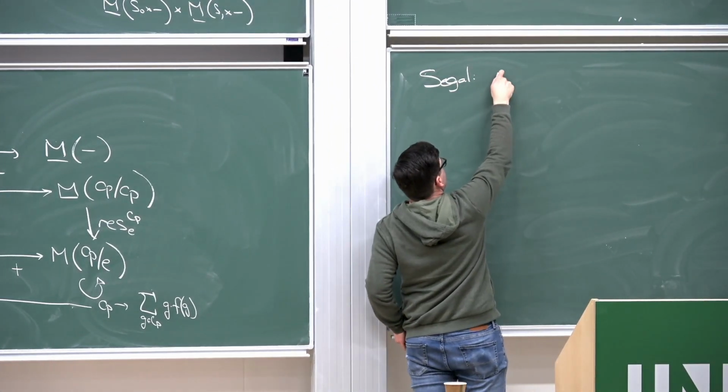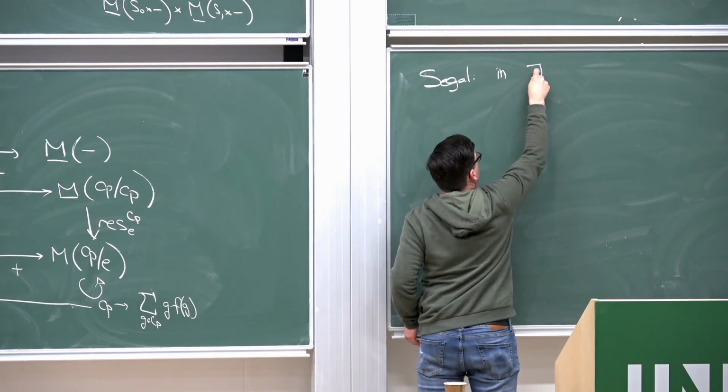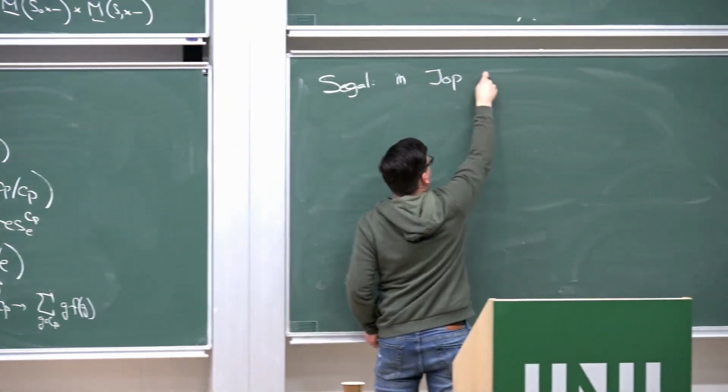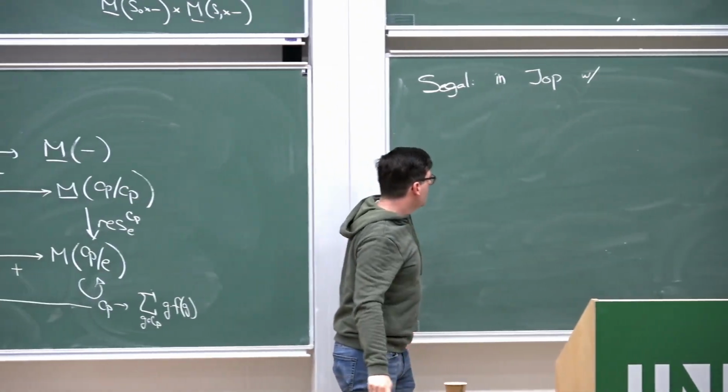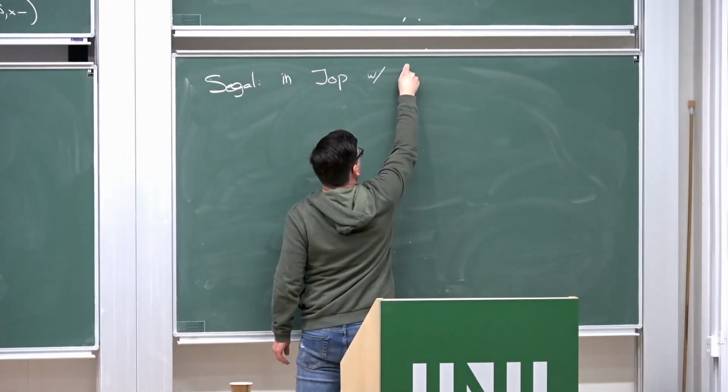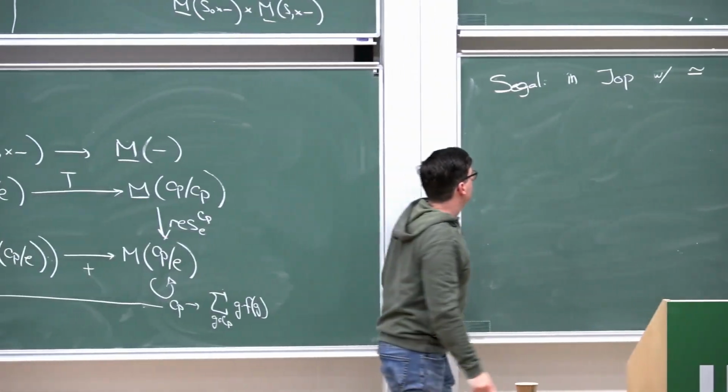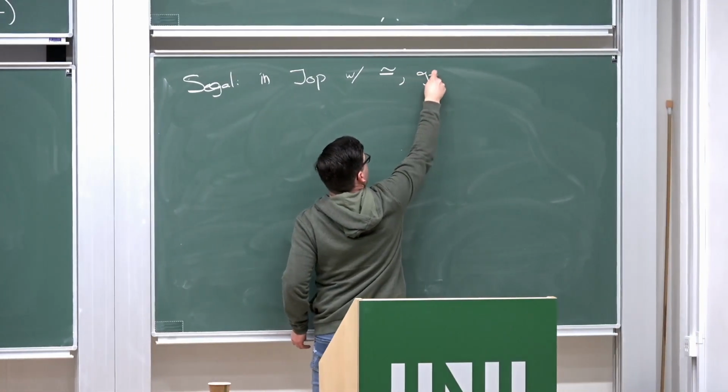If I look in spaces, and instead of asking for product preserving on the nose, I ask for just product preserving up to homotopy, then I get a model of E infinity spaces.